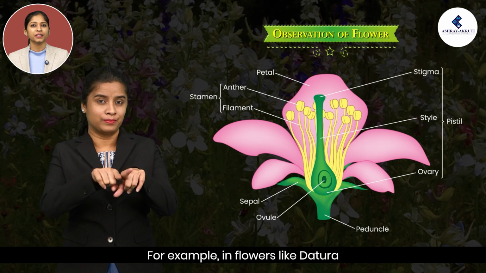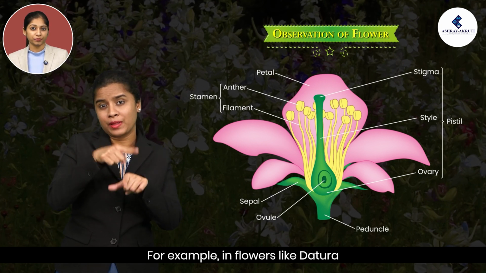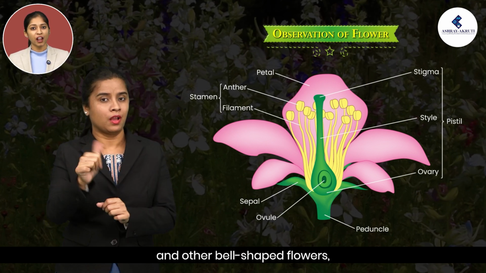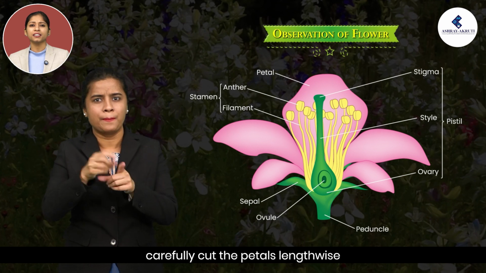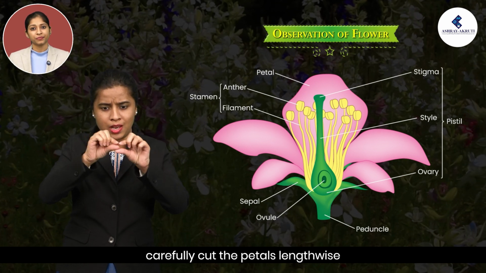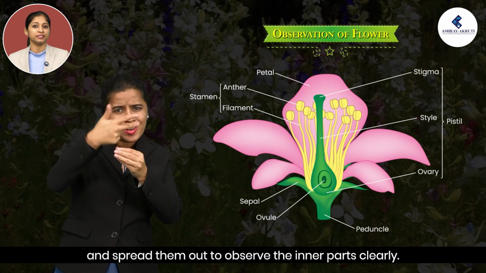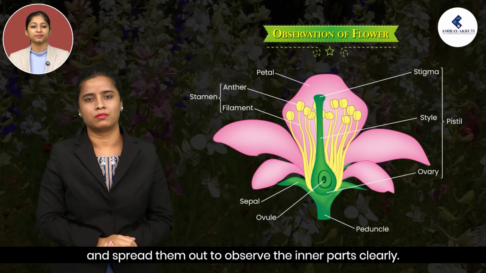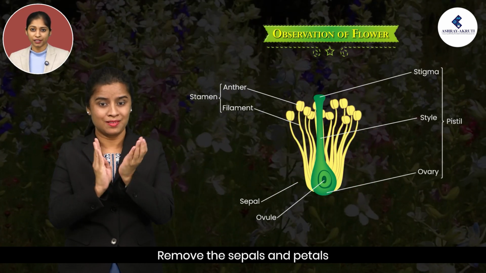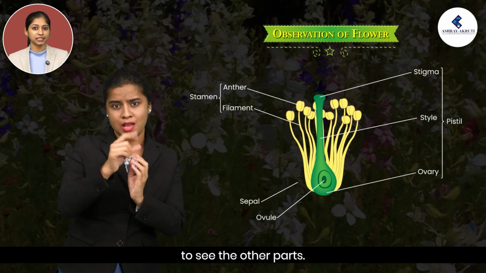For example, in flowers like datura and other bell-shaped flowers, carefully cut the petals lengthwise and spread them out to observe the inner parts clearly. Remove the sepals and petals to see the other parts.